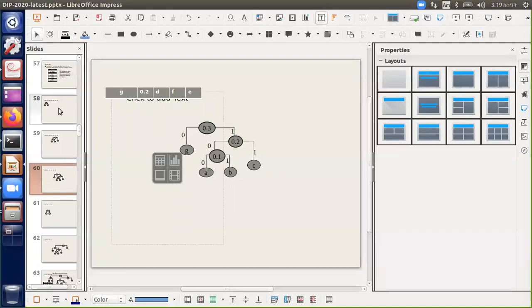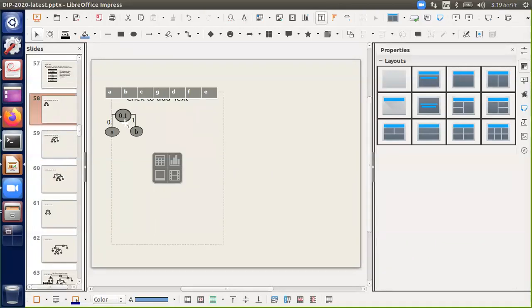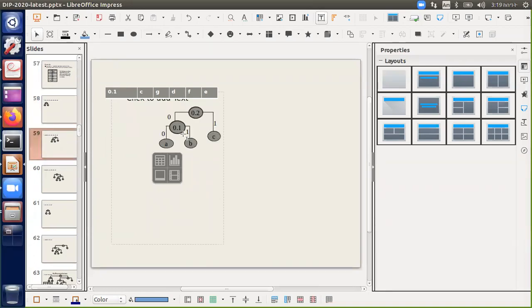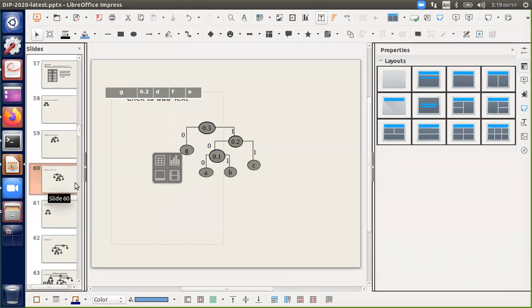Every time, don't forget, the branches are assigned 0 and 1. In our case, the left branch is assigned 0 and the right branch is assigned 1. At every point, we are assigning the left branch 0 and the right branch 1. Now also after merging G with ABC, we assign the left branch 0 and the right branch 1. Now our forest of trees is reduced by 1.